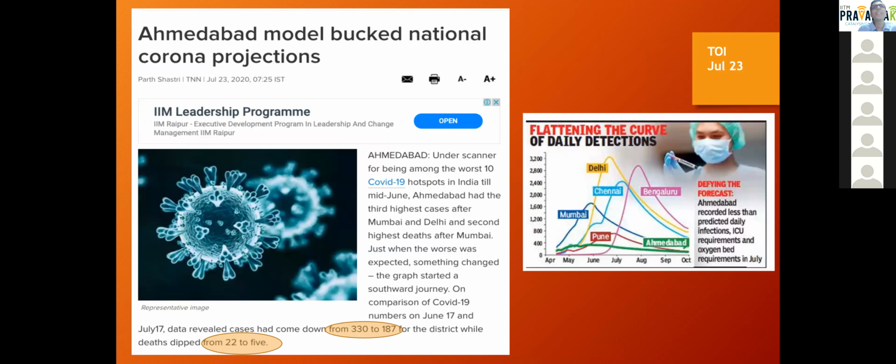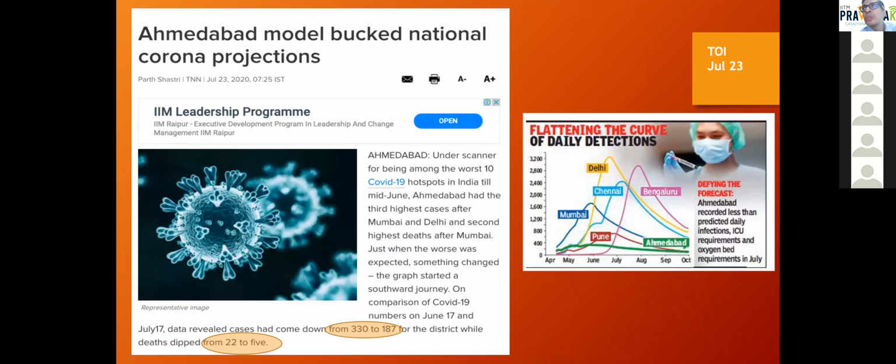And by July 23rd, right, there was a forecast which said that Ahmedabad will be in a very bad position. After it reaches the peak, it will take several months to come down to a manageable level, but within 2 weeks, they brought it down to a manageable level.